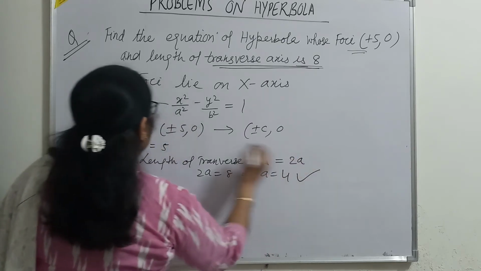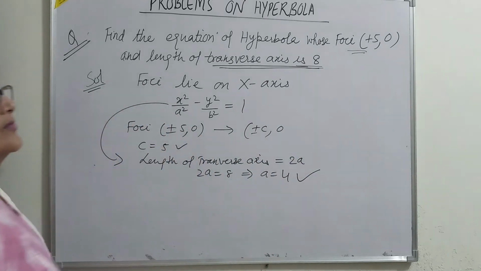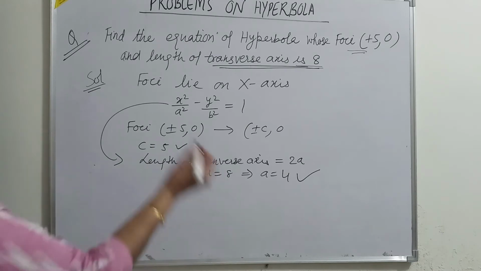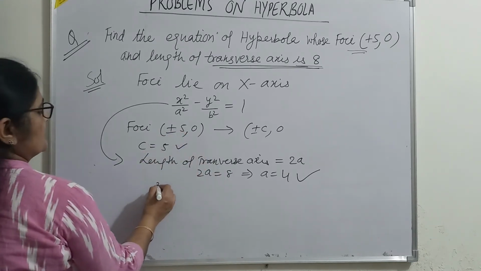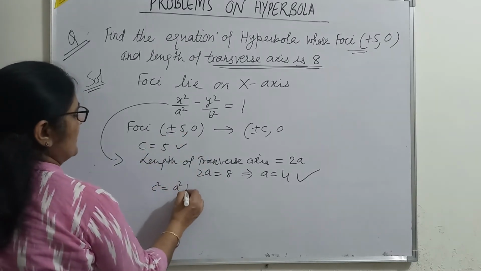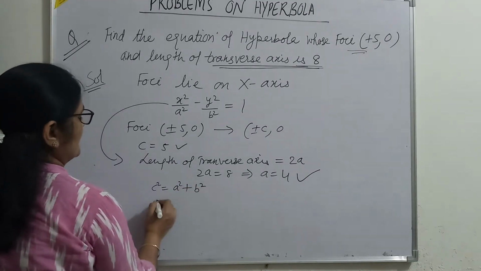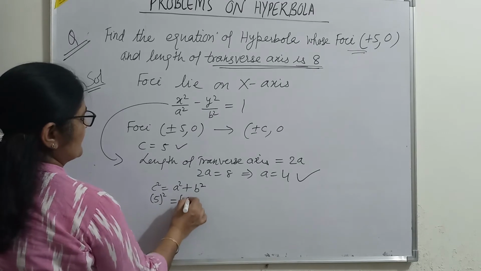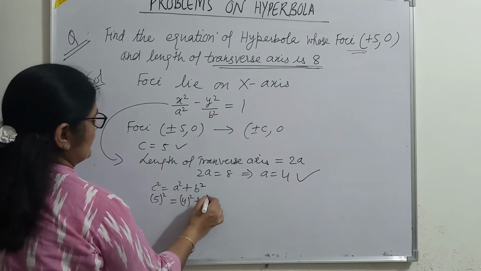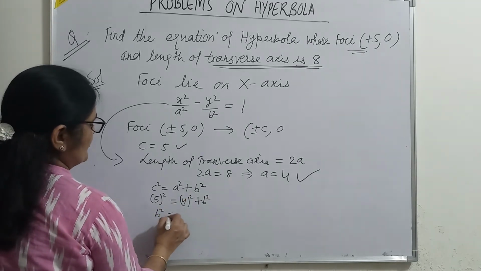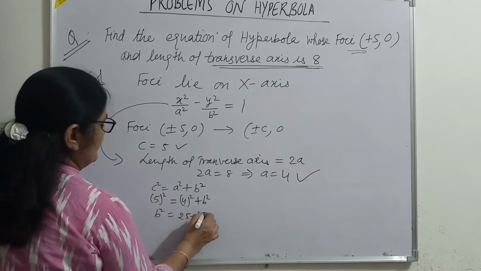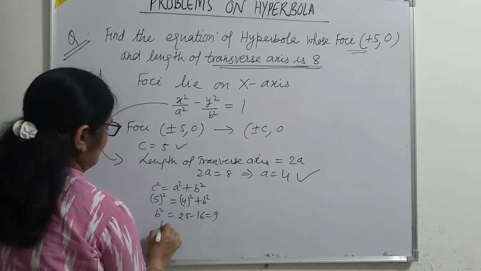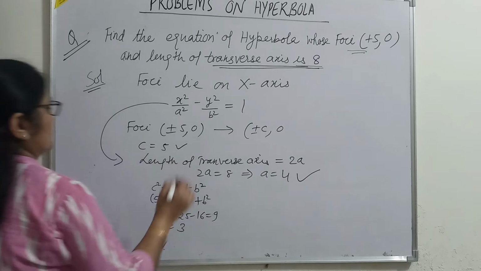Now a is known, c is known. For b, by using the relationship c² = a² + b², we get 5² = 4² + b². So b² is 25 − 16, that is 9, or you can say b is equal to 3.